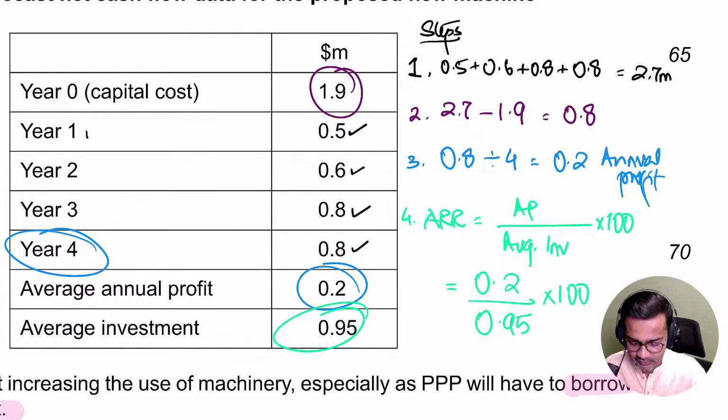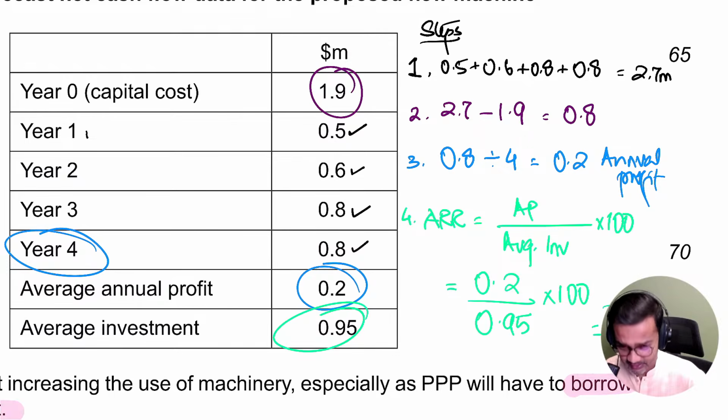Let me just quickly calculate that. 0.2 divided by 0.95 into 100. So the answer is 21.05. So 21.05%. Okay, that is your ARR number.